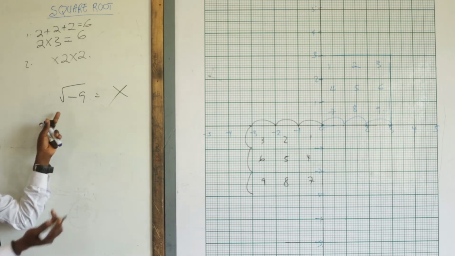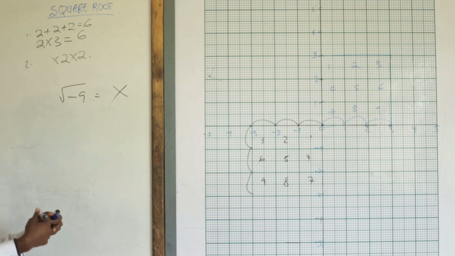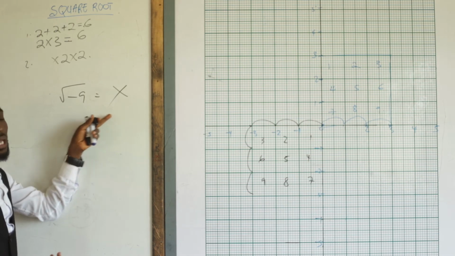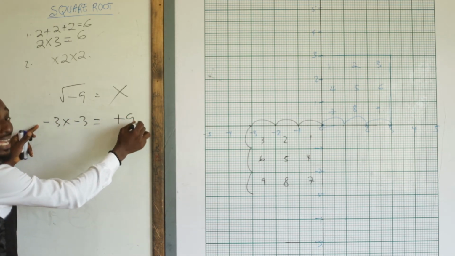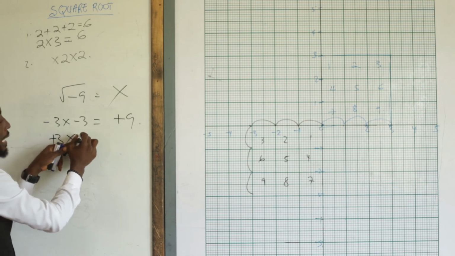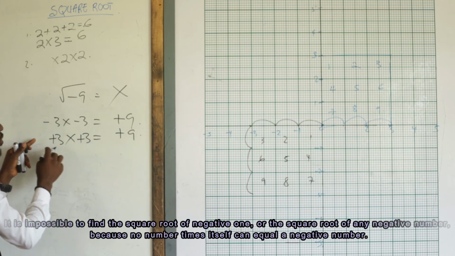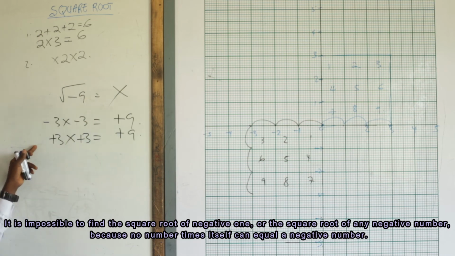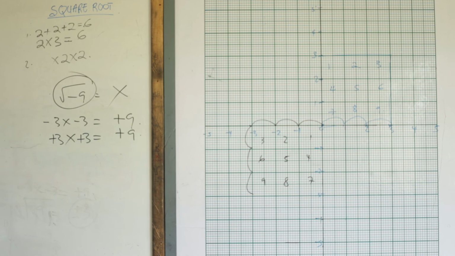The reason is no number can multiply itself to give you a negative number. If you multiply negative 3 times negative 3, you get a positive 9. If you multiply positive 3 times positive 3, you also get a positive 9. So no number can multiply itself to give you a negative number. So there is no negative square root. All right, thank you.